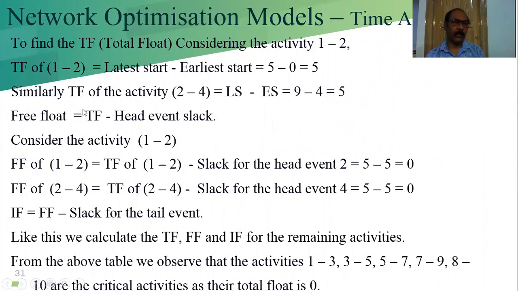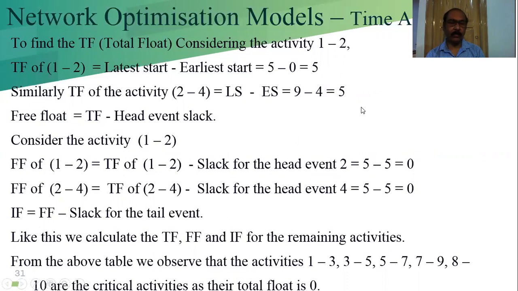Free float is the total float minus head event slack. Considering activity 1-2, free float of 1-2 is equal to total float of 1-2 minus slack for the head event 2, that is 5 minus 5 is equal to 0.